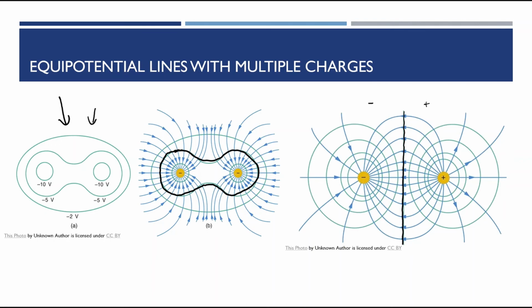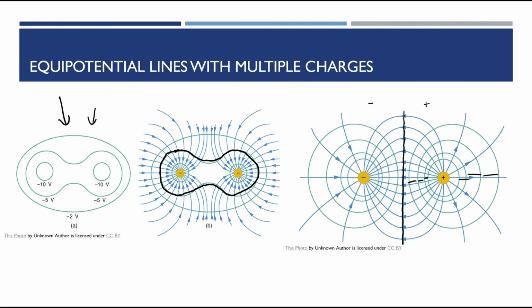And if we look closely, we can see that the lines are closer together on this side in comparison to this side over here. And that's because where the lines are closer together, like I said earlier, that's where the rate of change is greatest per distance.